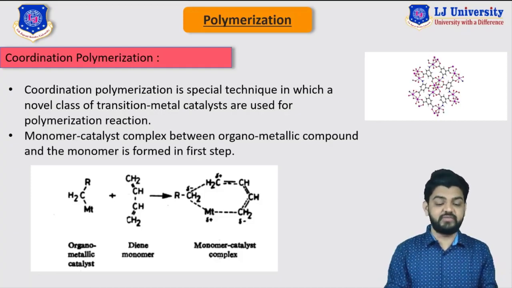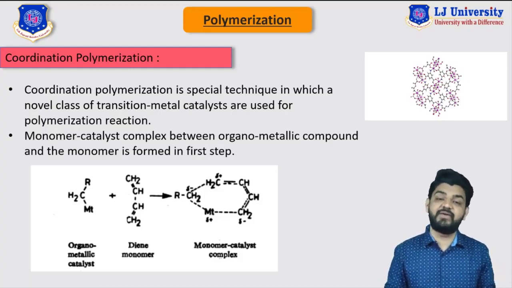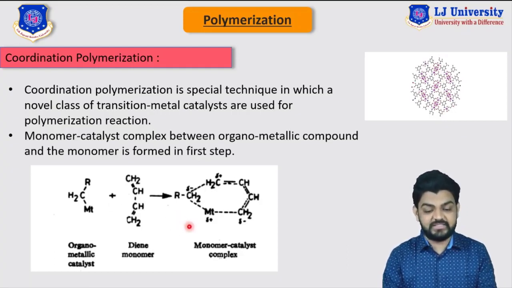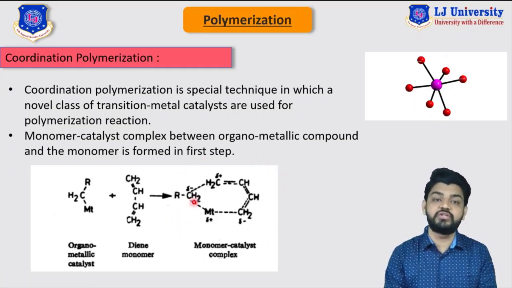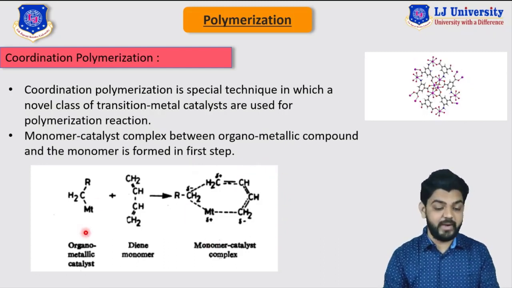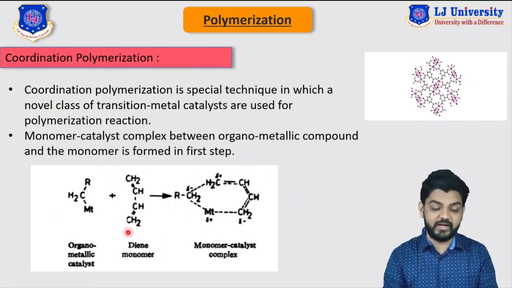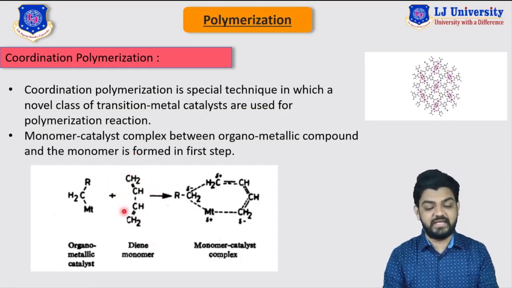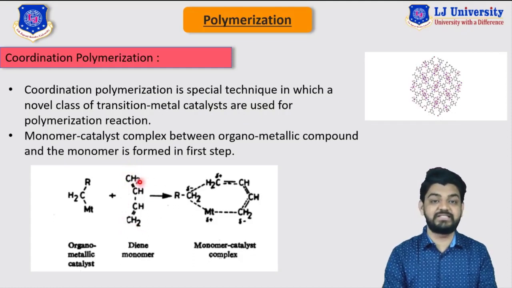When this organometallic compound joins with a monomer, it produces the catalyst that we are going to use throughout the coordination polymerization. You can see that this compound is now reacting with our monomer, isobutyl, which we have used as the monomer here.